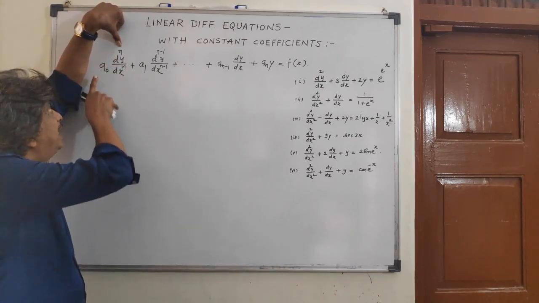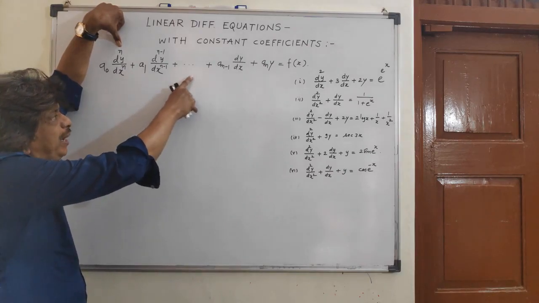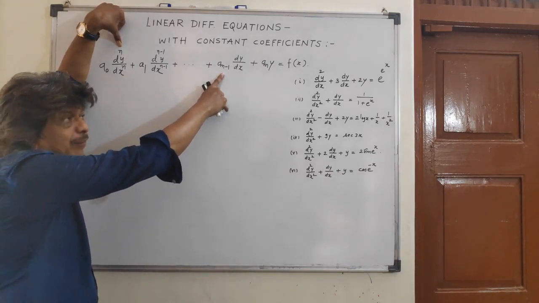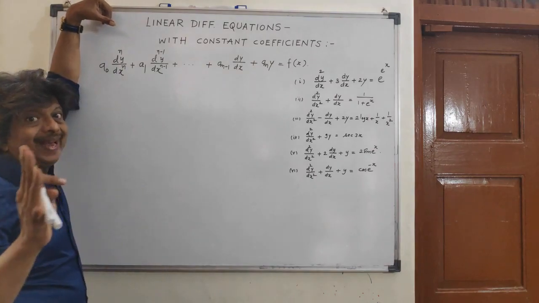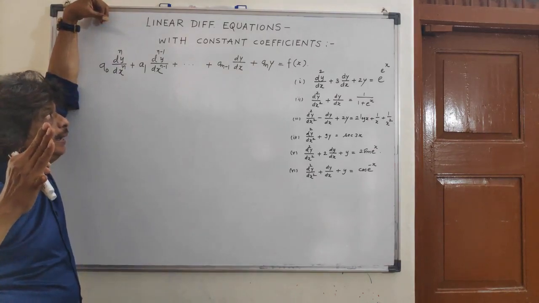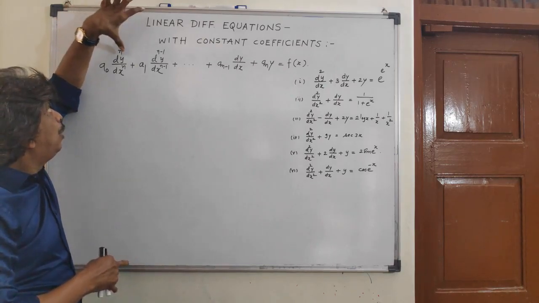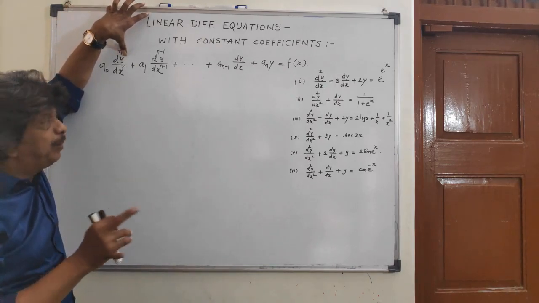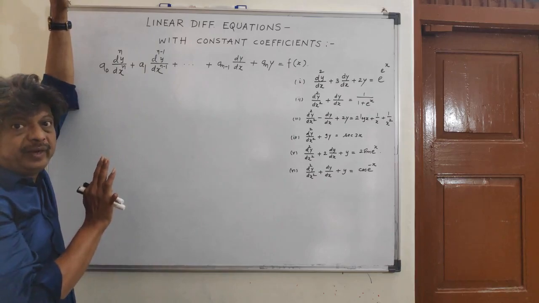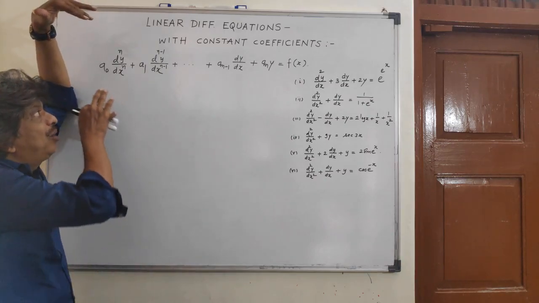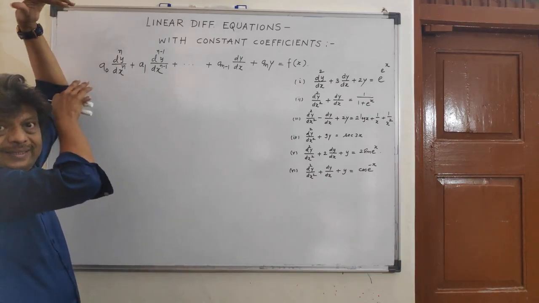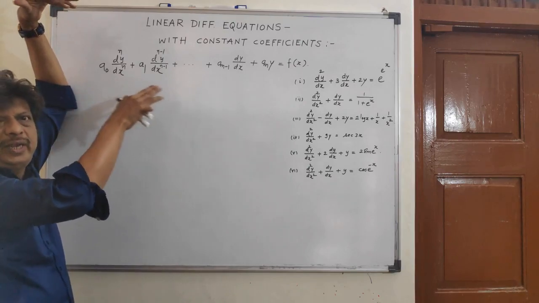Moreover, these a0, a1, a2, a3, a4, up to a(n-1) and an are all the n plus 1 coefficients. Y here is the dependent variable, x is the independent variable. So we are going to solve such types of differential equations.